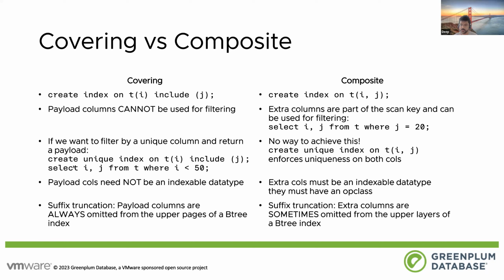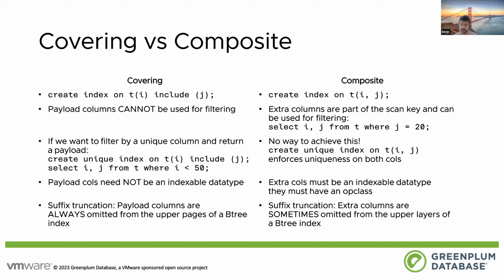In this kind of situation, you can only achieve an index-only scan with this syntax. There's no way to do this with a composite index, because if you create a unique index on (i, j), that means a very different thing. It means the uniqueness is being imposed on both i and j, as opposed to just i over here, which are semantically different.